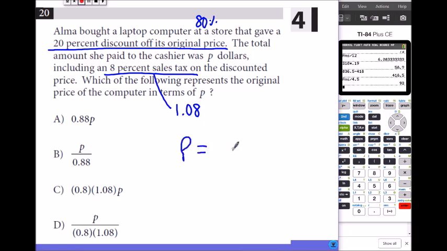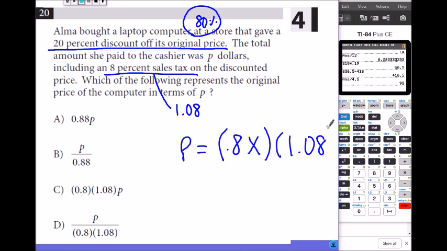So paid 80% of the original price, so 0.8 X. And then you have to pay the tax, which is 1.08.